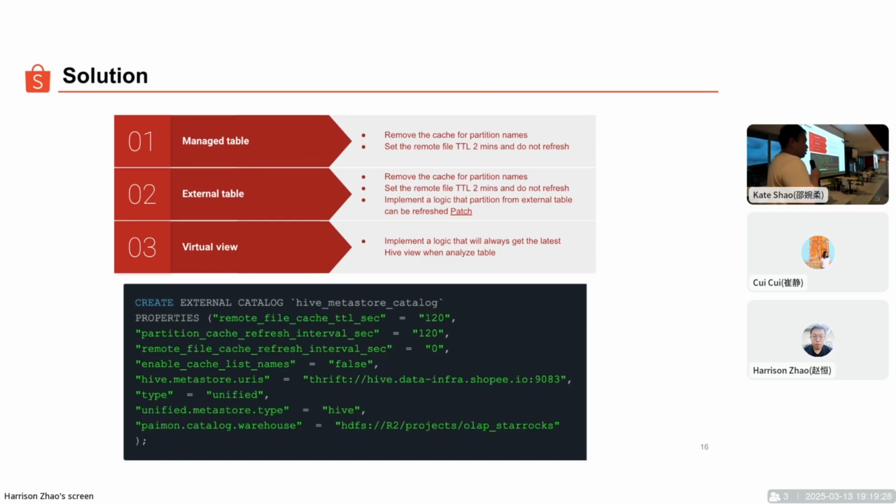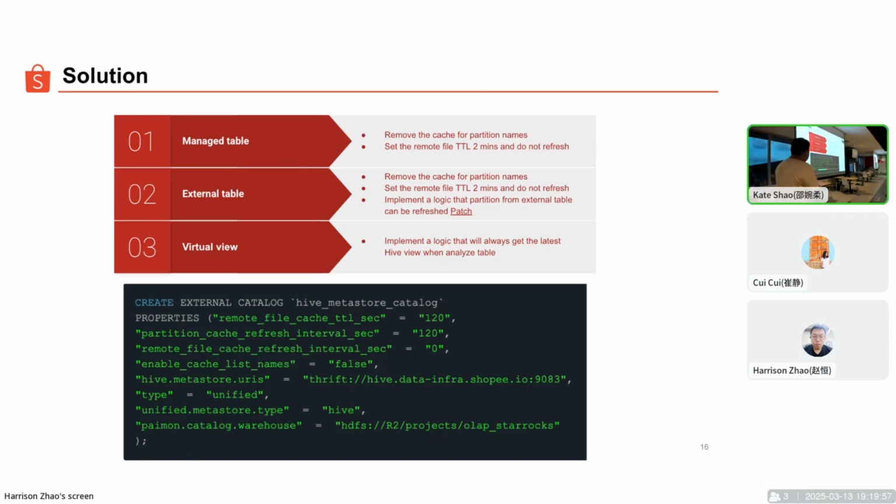Then, when the data quality check runs, it turns out the virtual view might not use the latest logic, and then the check will fail. In some serious cases, some downstream jobs will be blocked. So here I implemented a logic that we will always get the latest Hive view when we are analyzing.